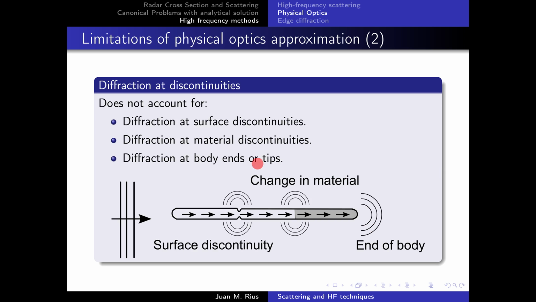And all the remaining scattering effects are not taken into account by physical optics. So diffraction, surface discontinuities, material discontinuities, body ends, tips, surface waves, whatever, any other scattering effect that you may think of is not accounted for with physical optics.